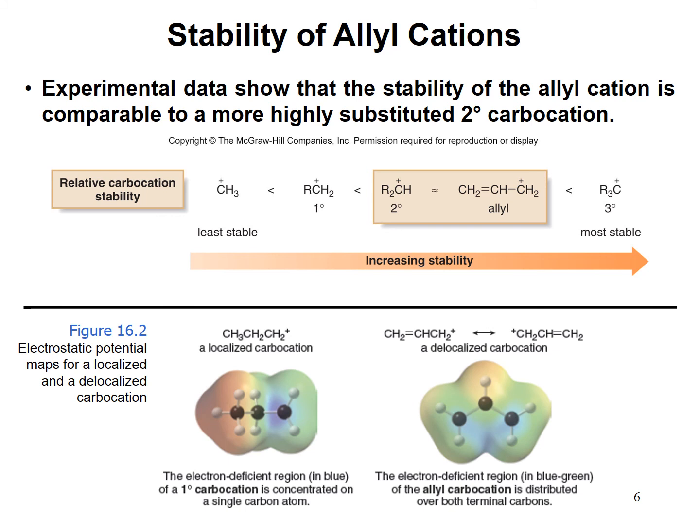If we look at the electrostatic potential for the allylic carbocation, we'll see that the blue region is mitigated. It is less electron deficient, and it is now delocalized over two terminal carbons. Therefore, our system is more stable having an allylic carbocation than a primary carbocation.